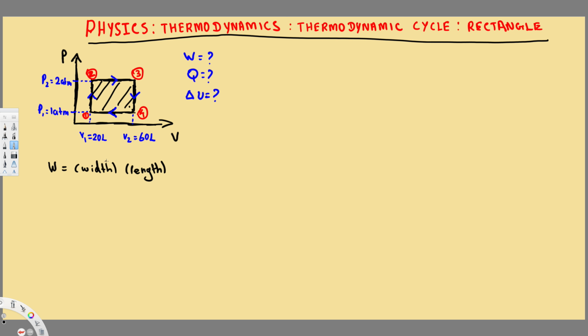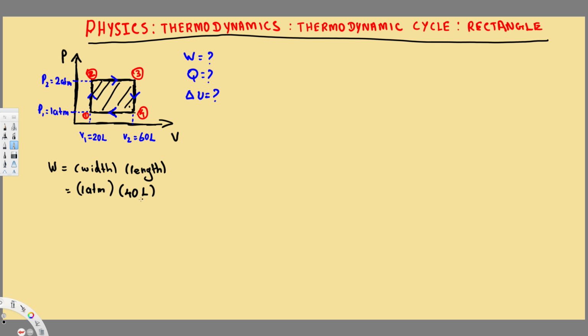Oh, here it's better to say height, right? So let's consider height as the width. The difference is going to be 1 atm because 2 minus 1 is 1 atm. 1 atm times the length, which is 60 minus 20 liters. That's going to give us 40 liters, right?